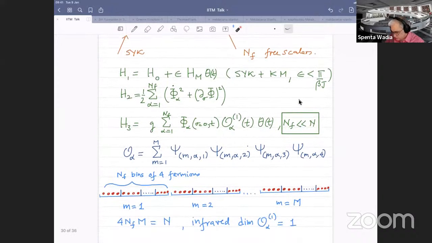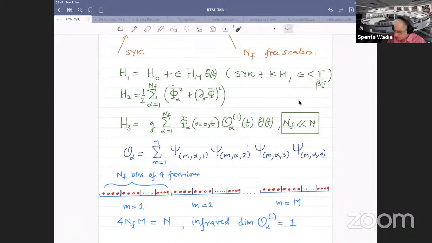Here is the construction: you lay out all your fermions on a one-dimensional lattice. Then you form M bins, where capital M is a very large number. In each bin, you make NF semi-bins, and in each one of them you put four fermions.